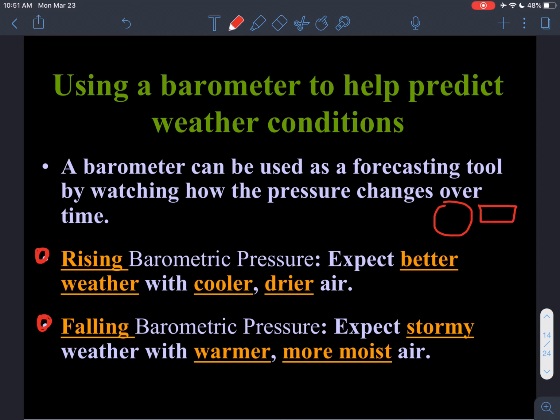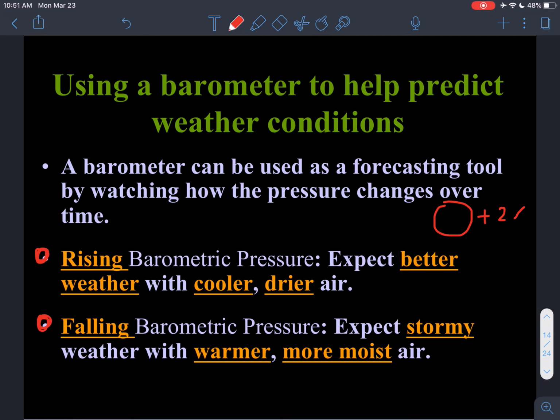So let me erase this. If we have rising barometric pressure, you would have a plus, and let's say the number was 2 millibars, and then you draw your little rising slope. That means it's going to get better outside, cooler and drier. So if you recall, happy high, cool and dry.